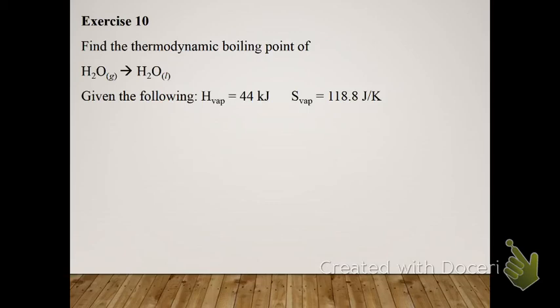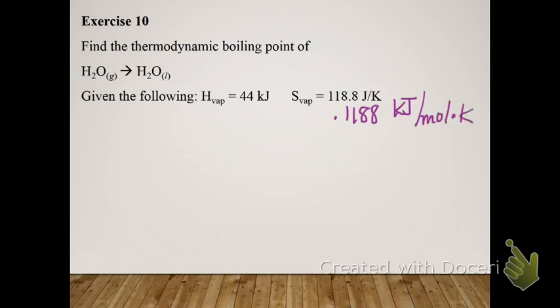Before I do anything, I'm going to write this in kilojoules so that I don't mess it up. That's just my habit. And it is per mole K. I forgot that when I was typing it.